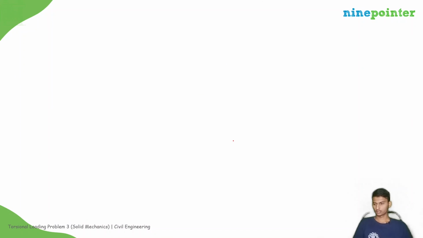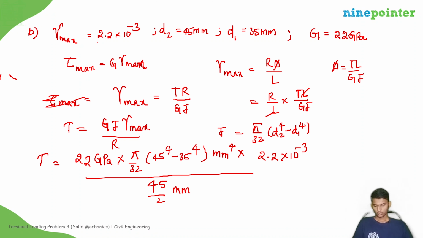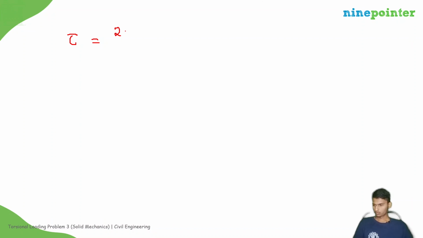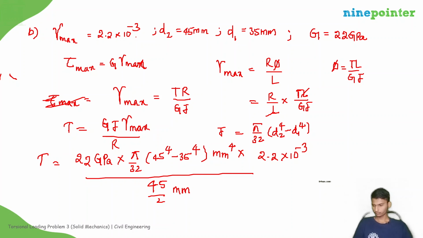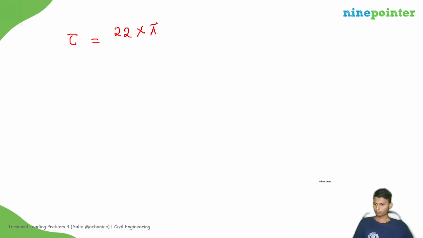So if we calculate this term, it will be equal to 22 into pi into 45 power 4 minus 35 power 4 into 2.2 into 10 power minus 3, right?